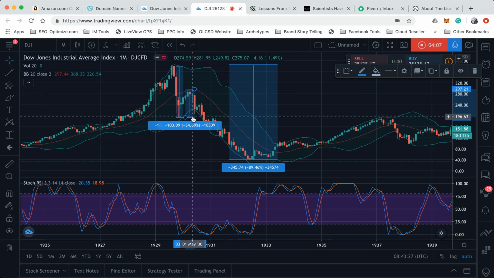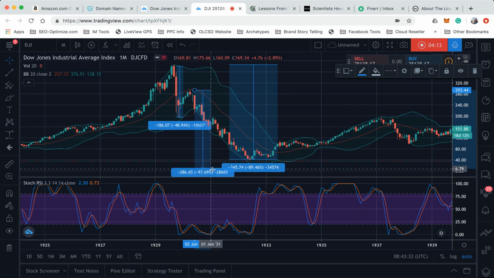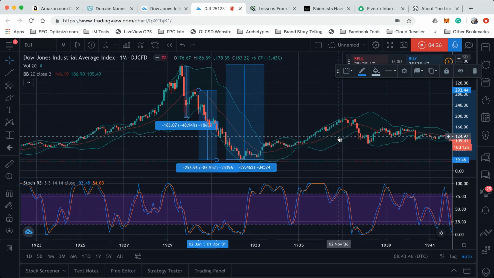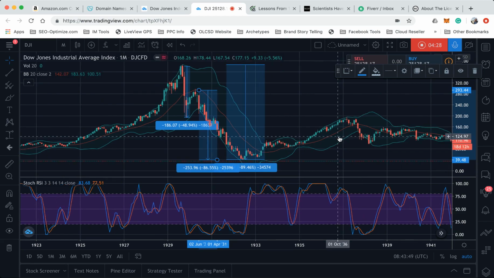Okay, we go here to here. That's another 48%. So we're looking at a total of 90% drop before it started recovering again. So I was just curious, could that be happening now?